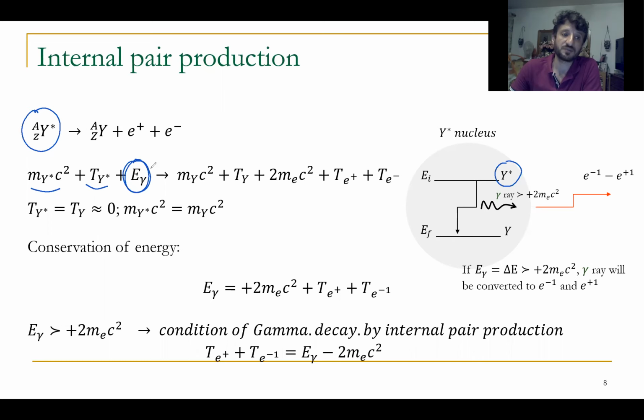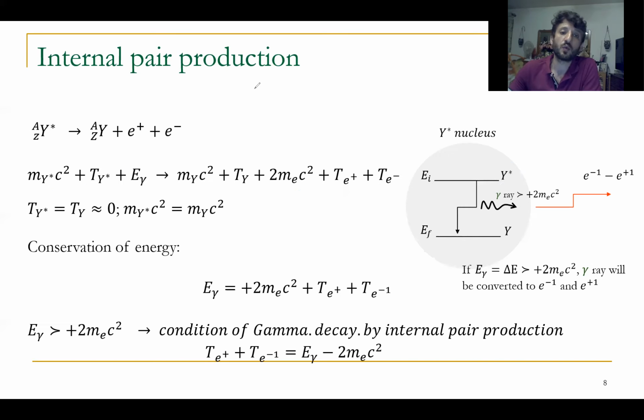After the reaction, this energy will be converted to Y, e plus, and e minus. So we have M_Y c squared plus the kinetic energy of Y, plus the rest mass energy of e plus and e minus, which have the same mass m, plus the kinetic energy of e plus and e minus.